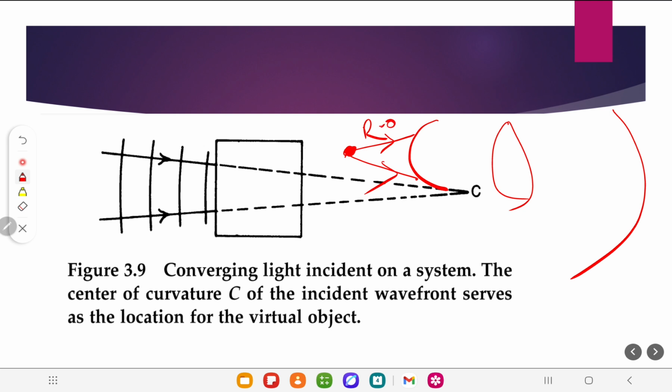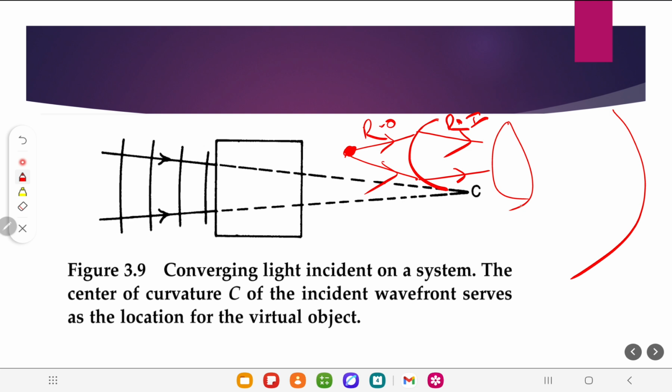Now the cornea is highly plus power. The cornea converges the light, and what type of image does it make? It's a real image, isn't it? After the cornea, these rays are converging. So for the cornea, a real object makes a real image.